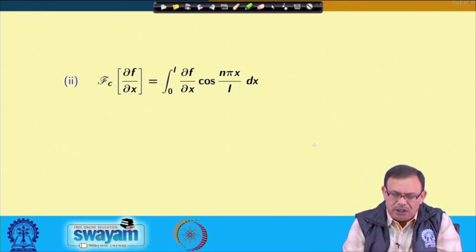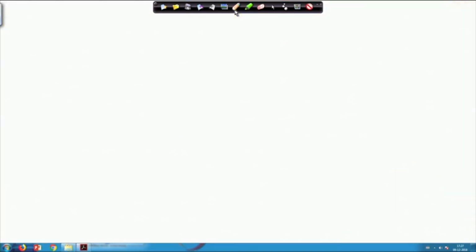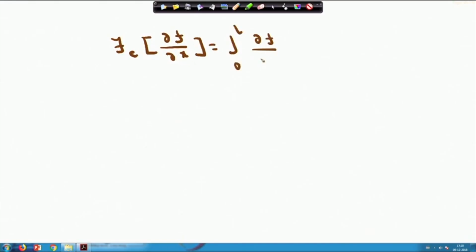The second one is the Fourier cosine transform of del f del x. This equals the integral from 0 to L of del f del x into cos of n pi x by L into dx.